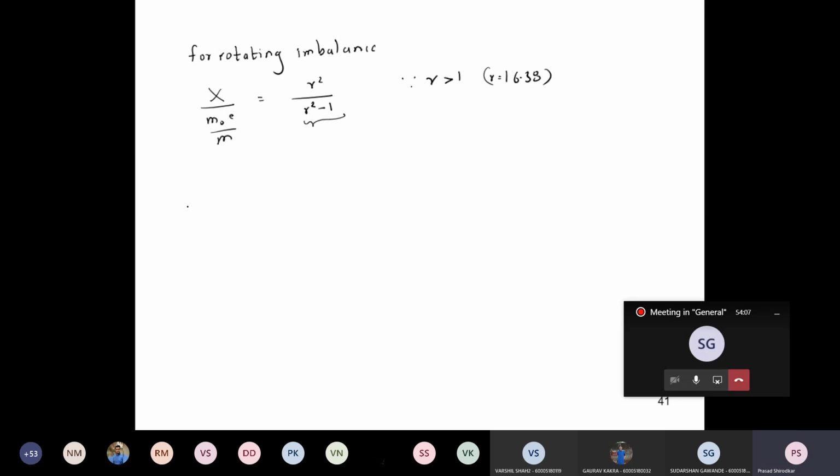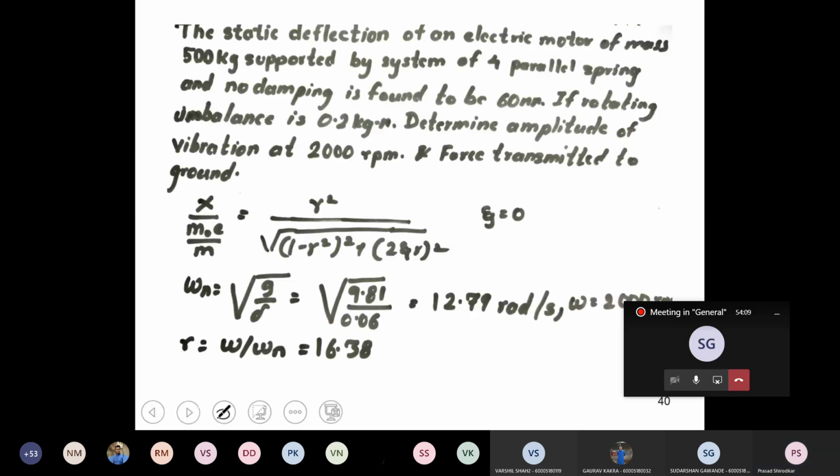Now in the question, what is given: the rotating imbalance is 0.2 kg meters. Here you have to be careful and read the units. Directly m0 into e is given; m0 and e are not given separately.